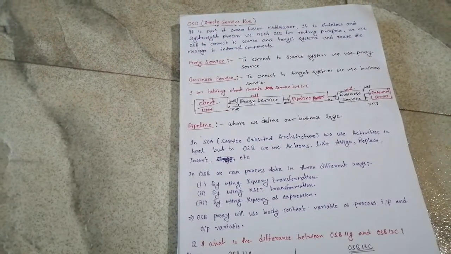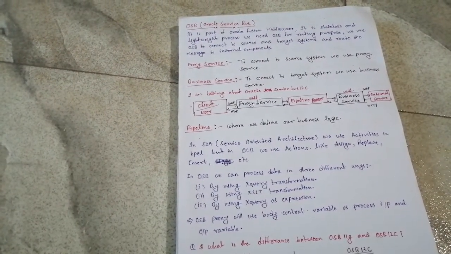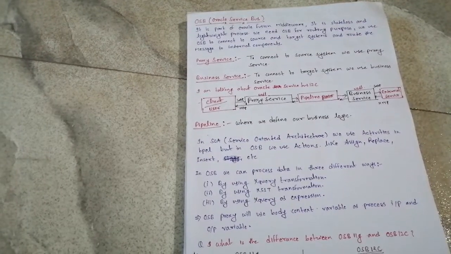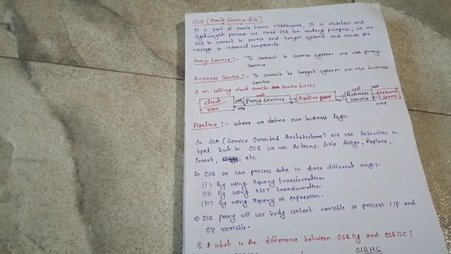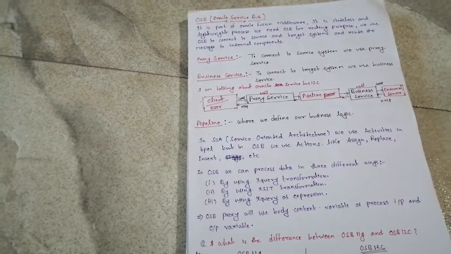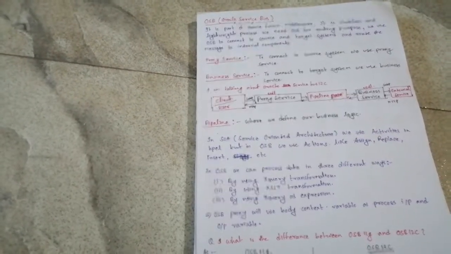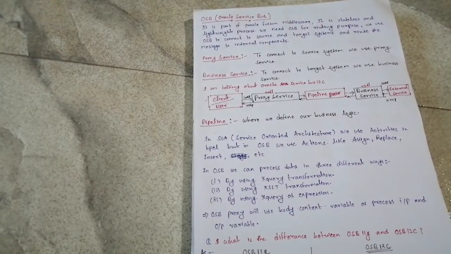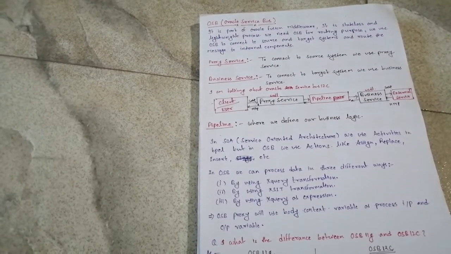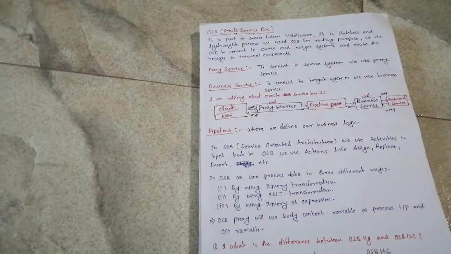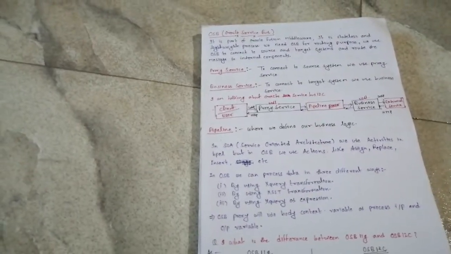So by using that we can find our data, meaning whatever data is coming, and what different errors we have got. Okay. And in OSB, if I need to handle some error, then we use an error handler there to handle the error.